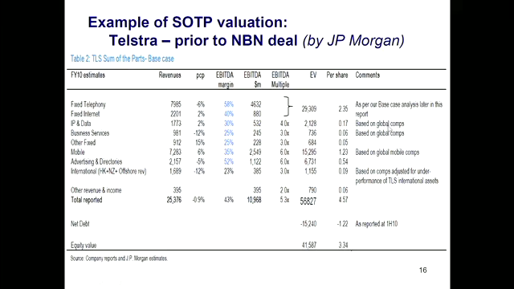So the analyst actually produced a per share valuation for each business segment to give you some idea how this company will be valued by business segments if we just cut and divide it and list each business unit in the market. So you have an overall valuation of $3.34.